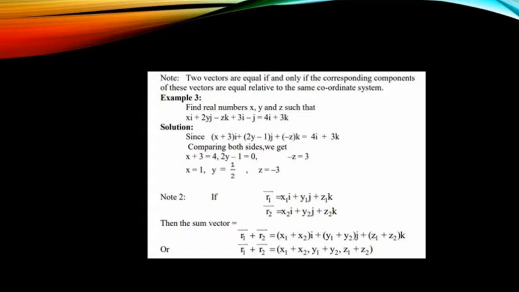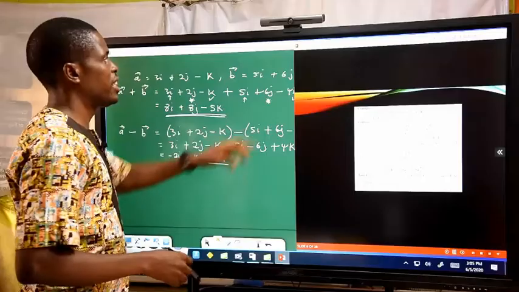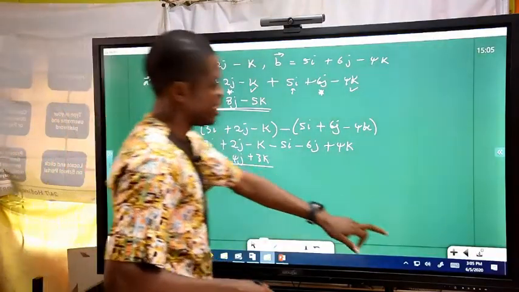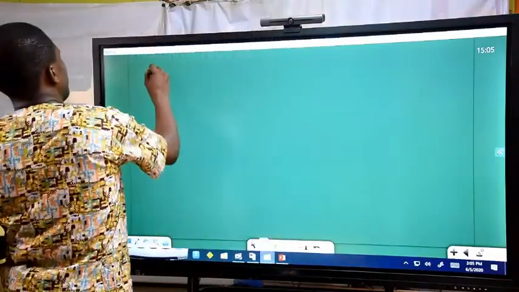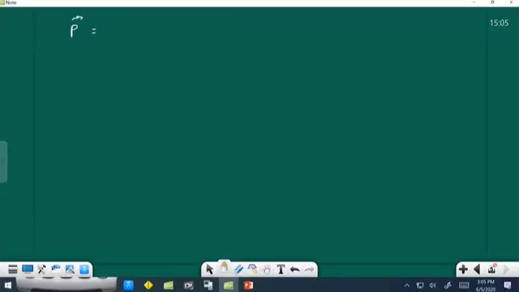Then we are able to solve a related problem. We look at an example such as vector P equal to 4i plus 4j minus 3k, and vector Q equal to 2i minus 3j plus 6k. I want to look at the products of the two of them.